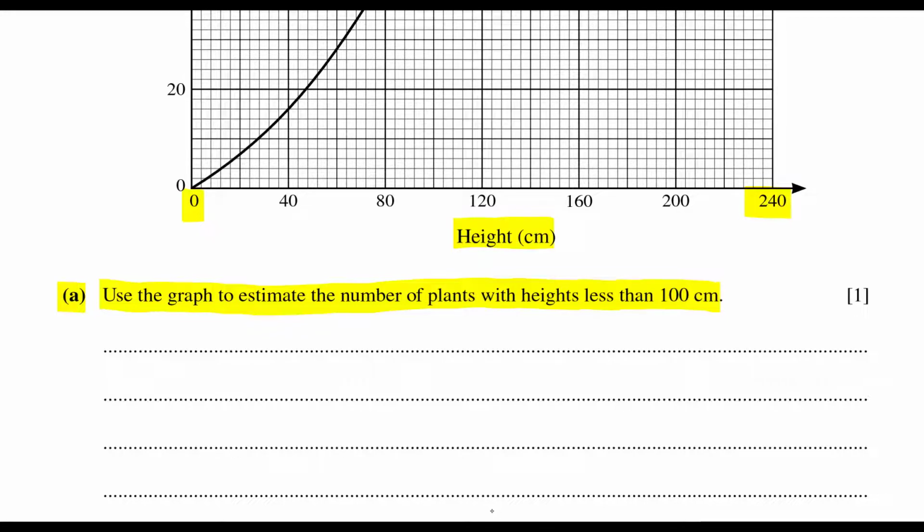So it is 0, 40, till here it is 80, and next bar it is 120. So 100 is this. Till here the height is either 100 or less than 100 centimeters. So we will use a ruler to find the corresponding frequency.